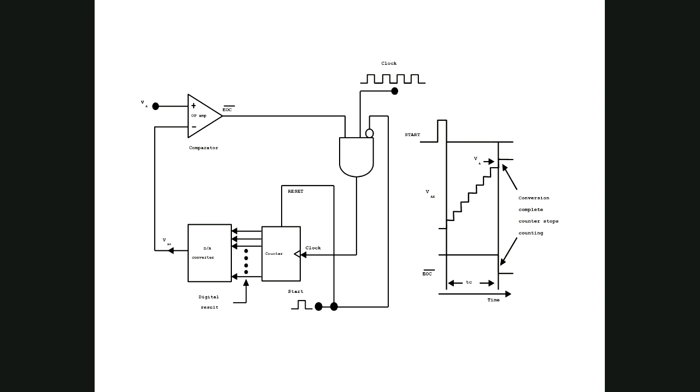So this is 1, this is 0, so the output will always be 0. So you will not get any clock. This is happening initially. This is the clock, but since this is 0, it's always 0.